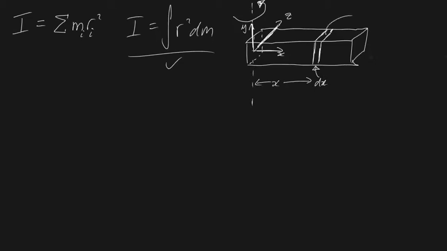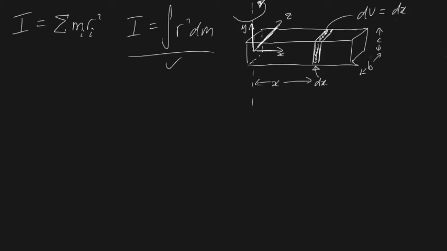The volume of this entire element, just imagine shading that in, is going to be dV, and it's going to be dx times whatever this height is, I'll call it c, times whatever this base is, I'll call it b.